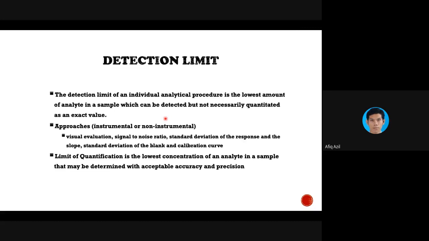In an HPLC, normally the result will come out as a graph, the chromatogram. So we want to see the peak. For 100 mg, for example, the peak will be very high, very visible. But let's say you lower the concentration to maybe 10 mg, which is 10 times lower, can the peak still be identified? So that is the detection limit, or sometimes also called LOD, which is limit of detection, or limit of quantification.